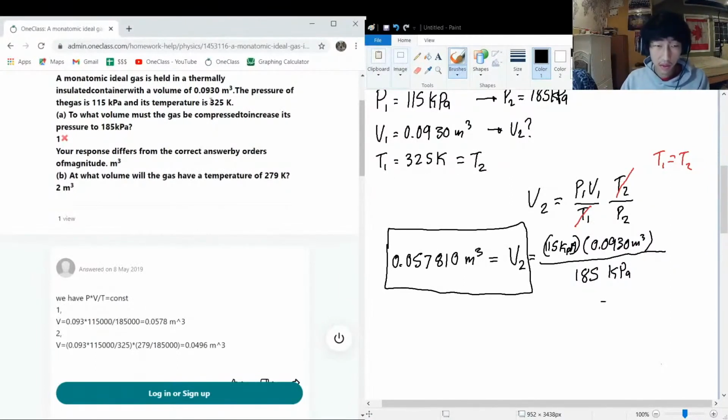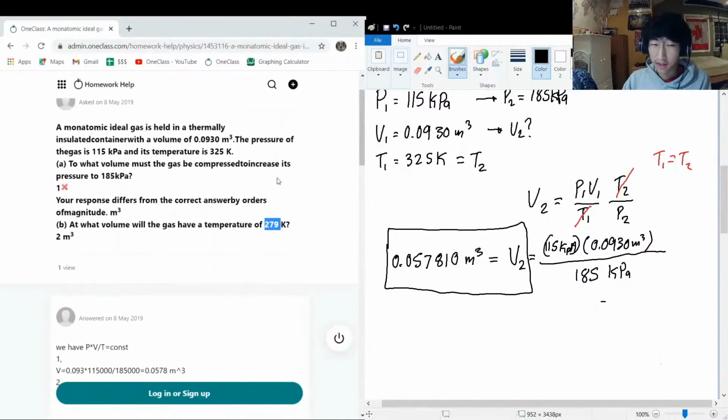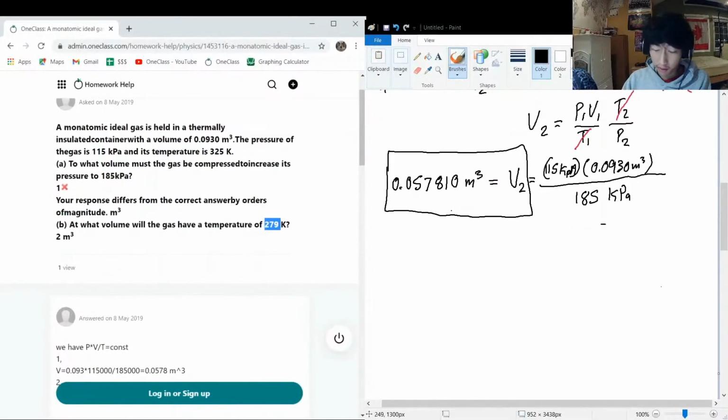And then our second question is asking us, at what volume will the gas have a temperature of 279 Kelvin? Let's assume that the pressure is going to stay the same. So for part 2, we want to find volume.